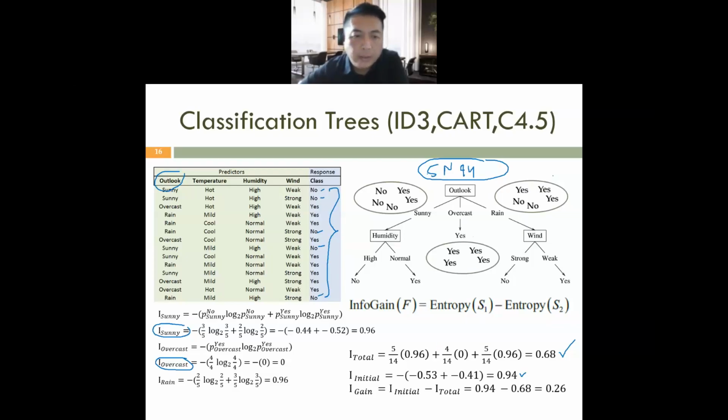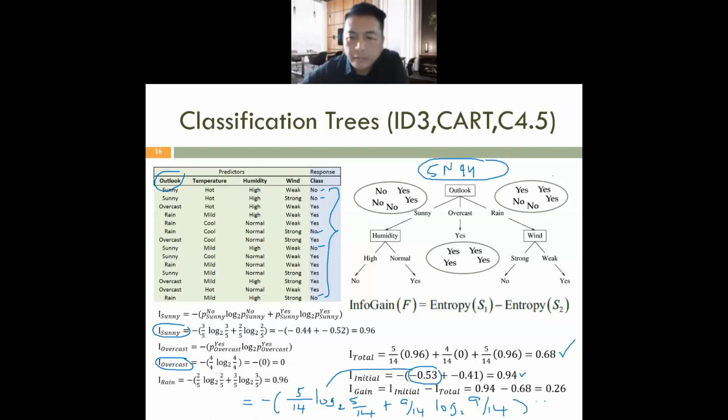So when we have this one, okay, how do we get this one? Basically, this one is 5 over 14 log 2 5 over 14 plus 9 over 14 log 2 9 over 14, okay, minus.